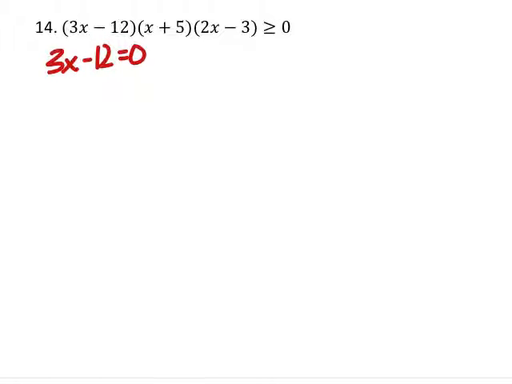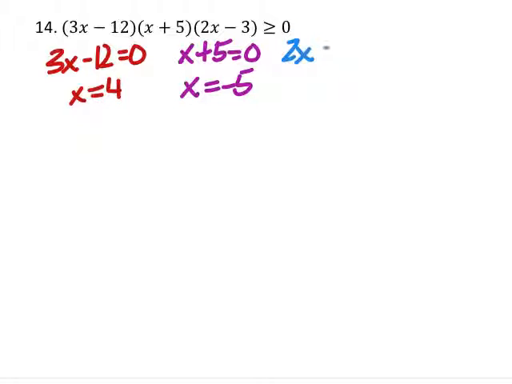That gives us 12/3, which means x is just 4. Next one, x plus 5 will be equal to 0, so x is negative 5. And then we've got 2x minus 3 equals 0, giving x is a positive 3/2. All right, so these are the three values that we need to really look at here.